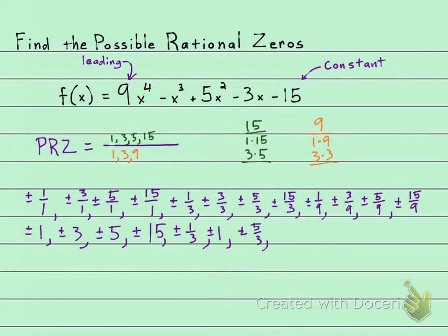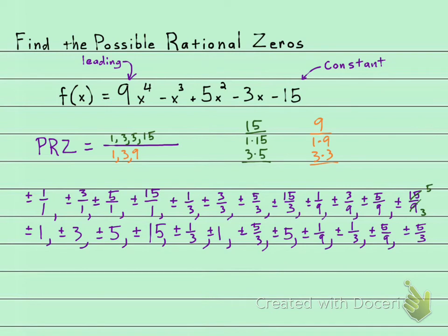Right here, 15 over 3 reduces down to 5. Then plus or minus 1/9, plus or minus 3/9. Does that reduce? Yes, that's going to be 1/3. 5 over 9 does not reduce. 15 over 9 does reduce: 3 goes into here 3 times, 3 goes into here 5 times. So that's 5 over 3.